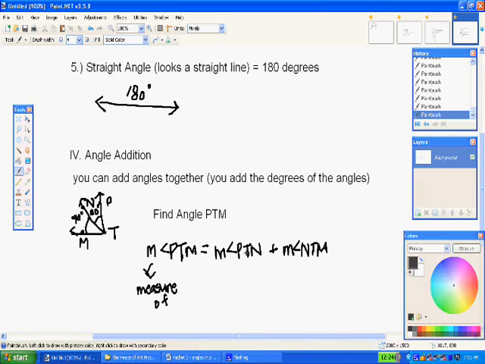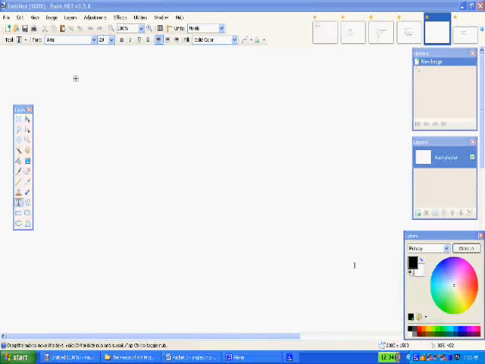The measure of PTN, as we can see, is 30 degrees. The measure of NTM is 40 degrees. We add them together, 30 plus 40 is 70 degrees. So our answer for the measure of angle PTM, the bigger angle, the outside angle, is 70 degrees.